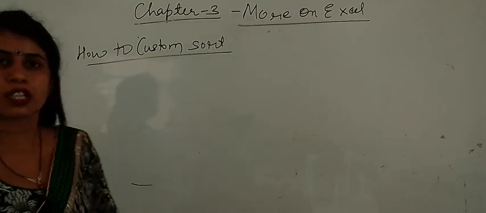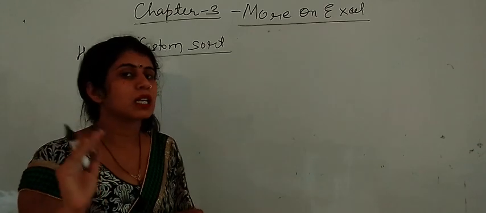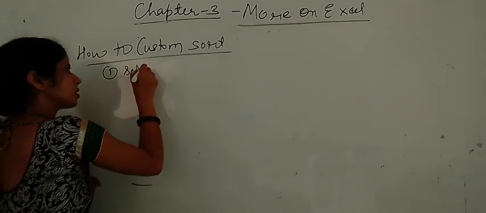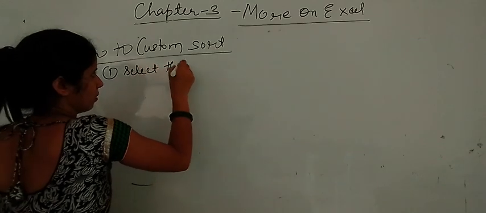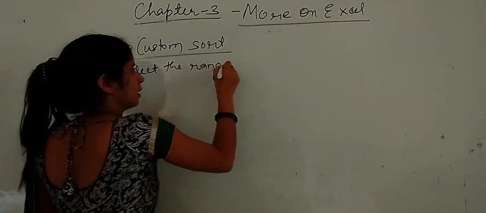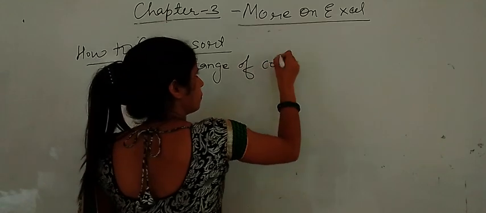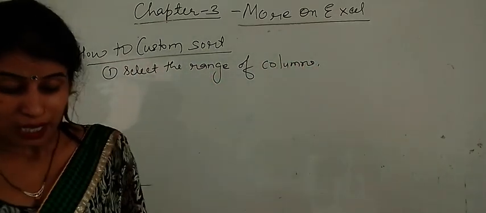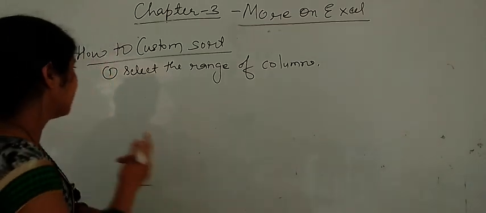How can we do the custom sorting? At first, same thing, we have to select the range of the columns, the data on which I want to apply the custom sort.